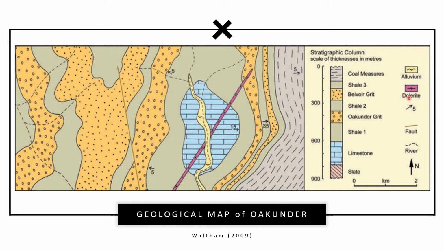Also, the symbols that are used in the map are specified in the stratigraphic column. This arrow with a number represents the dip direction, and also its value in degrees. So that's the symbol for the dip, and the line here represents the fault.